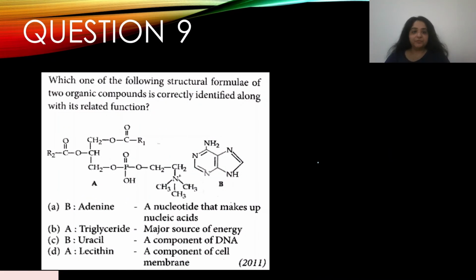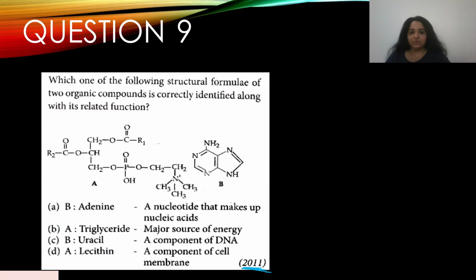Question number 9. Which one of the following structural formulae of two organic compounds is correctly identified along with its related function? This appeared in 2011. So you have A and you have B. Option A, B, adenine, a nucleotide that makes up nucleic acids.